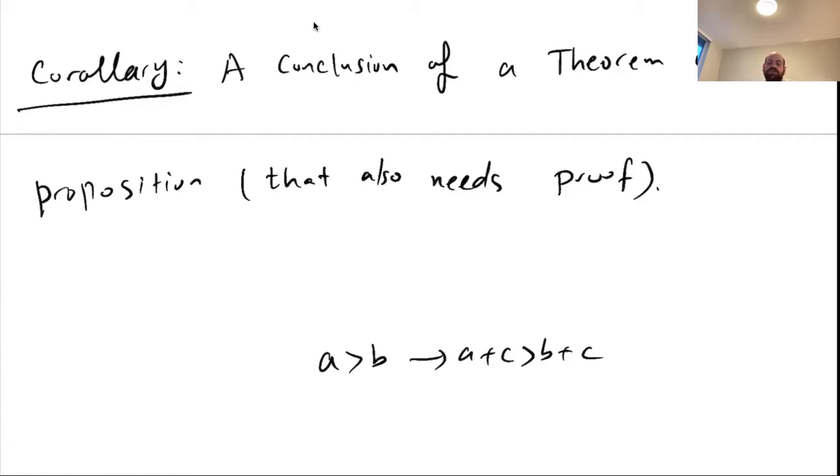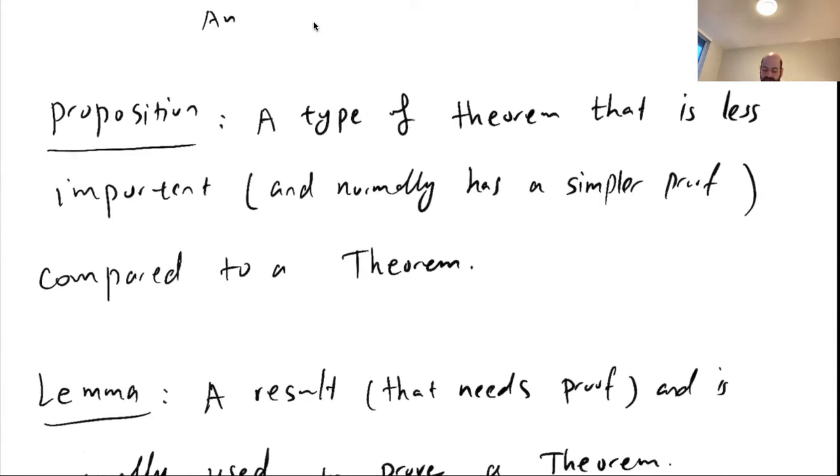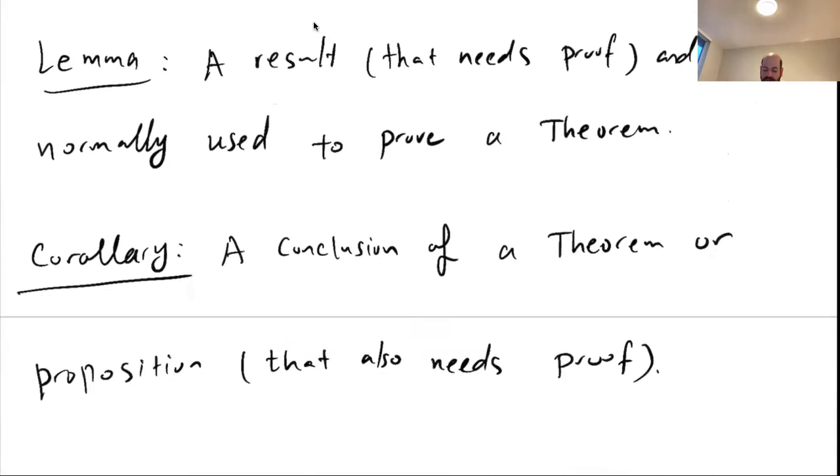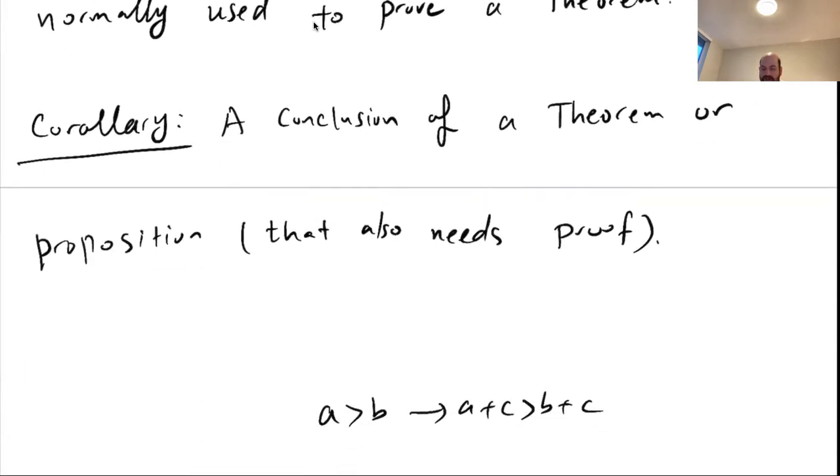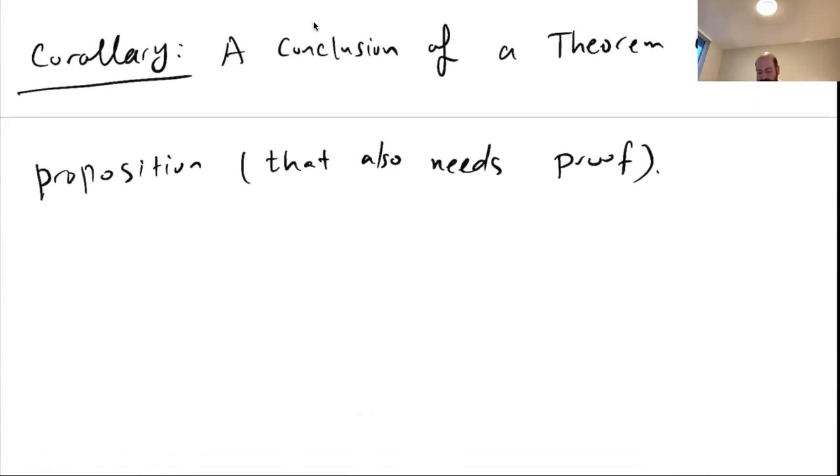So basically theorems, propositions, lemmas, and corollaries all need proof. Okay, now let's look at the methods of proof.